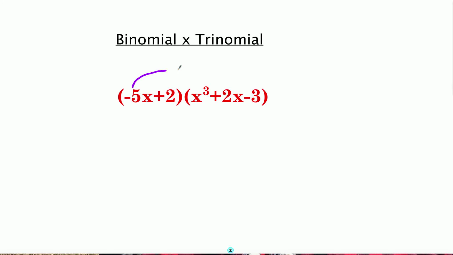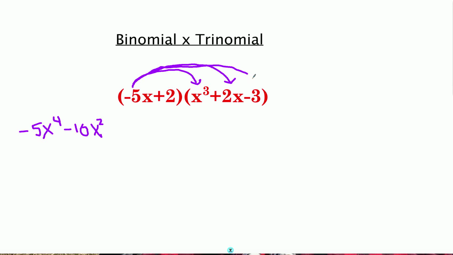So I'll start here. So negative 5x times x cubed will be negative 5x to the 4th. Negative 5x times positive 2x would be negative 10x squared.